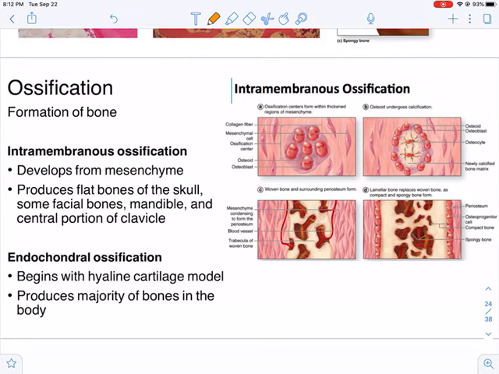So where does bone come from? Bone forms from a process called ossification, actually hardening of a tissue. And there are two different ways. There's intramembranous. So intra means inside, membrane. So it develops from a certain type of tissue that you see in an embryo.